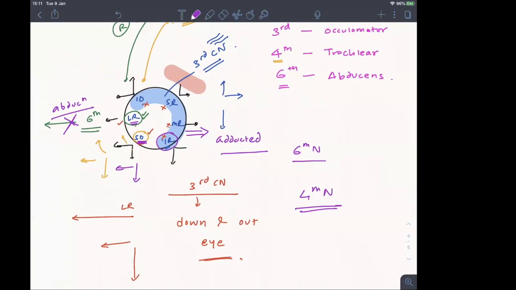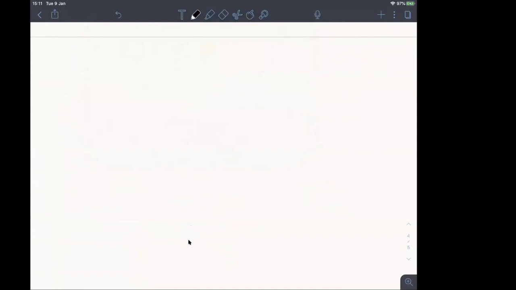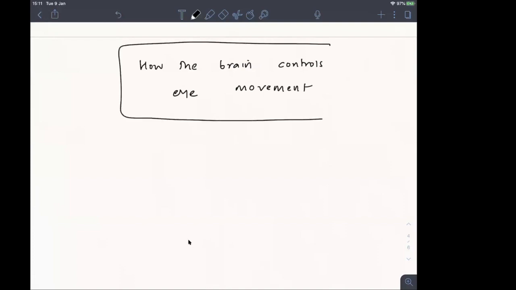Okay. So that completes our extraocular muscle anatomy. And now I'll discuss how the brain controls these eye movements. Okay.